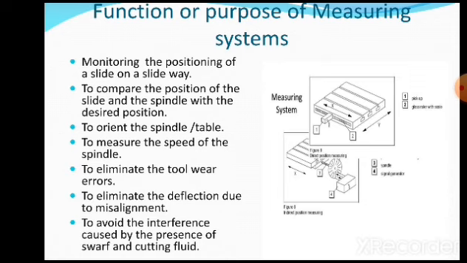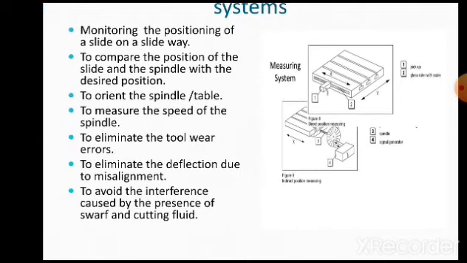To eliminate the deflection due to misalignment, this is another one. Whatever misalignment is there in connection with the movements can also be eliminated with the help of the measuring system, to avoid the interference caused by the presence of swarf and the cutting fluid.